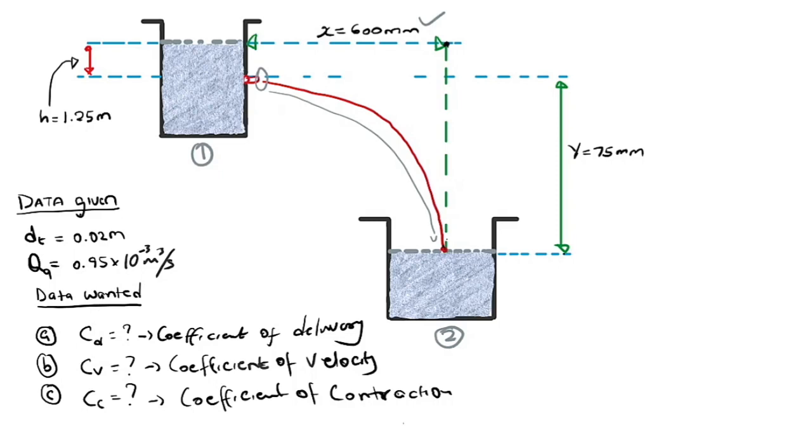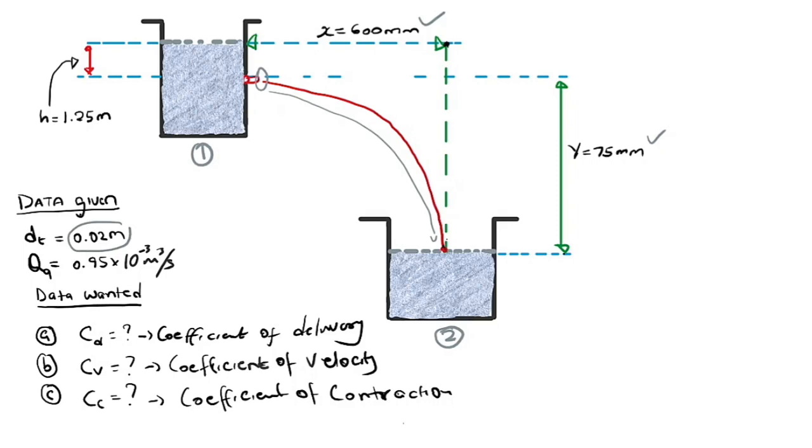The vertical distance from the water level of tank number 2 is 75 millimeters. Here we're given the data. We have the theoretical diameter, 0.02 meters.